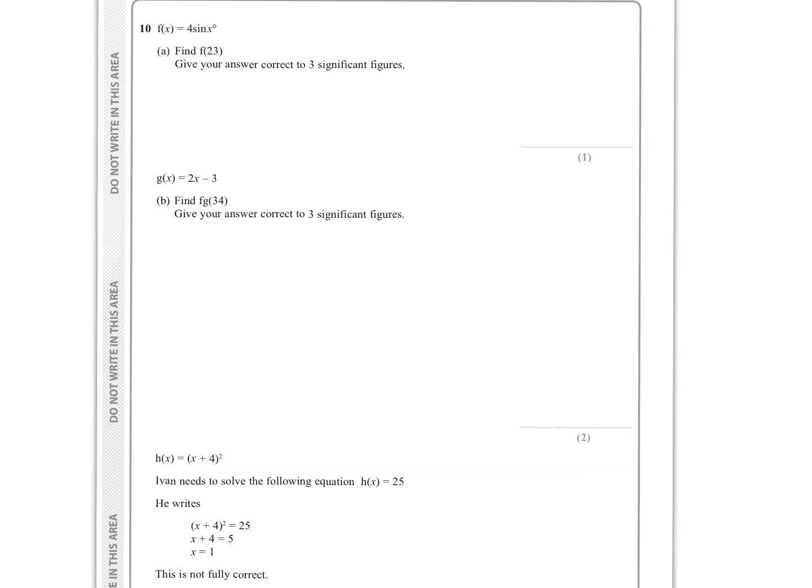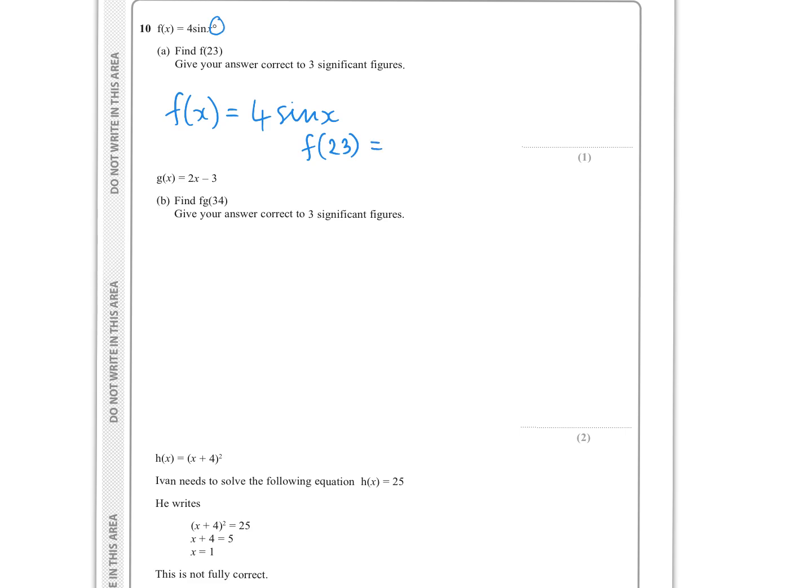Question 10. We have a function f of x equals 4 sine x, 4 multiplied by sine x, and we want to find f of 23. Now, this is degrees here, so that would be 23 degrees.